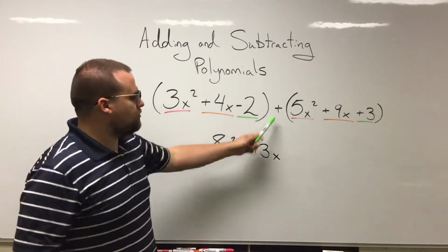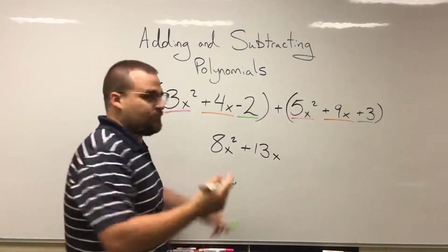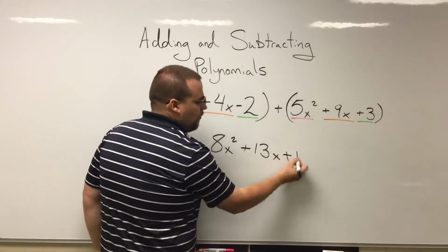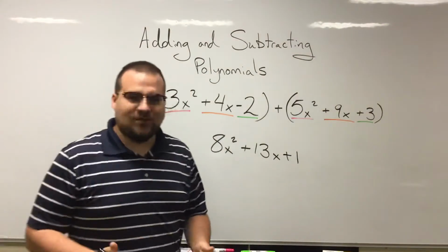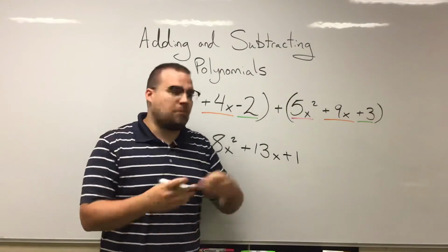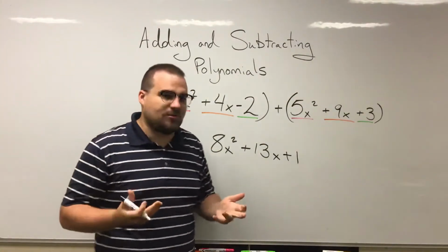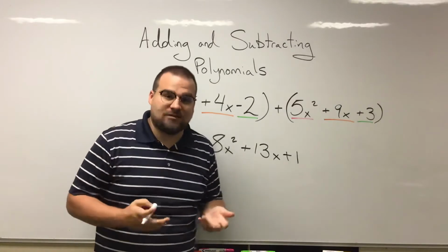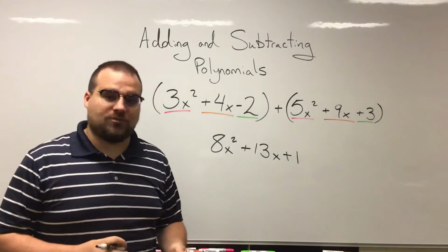We want to add these two terms. Negative 2 plus 3 just ends up being 1. That was a lot easier than you probably thought it would be, right? That's just combining like terms. It's no different than what we've done before. We just have a little bit fancier looking expressions. That's it. But let's talk about subtraction too, because that one's also very important.